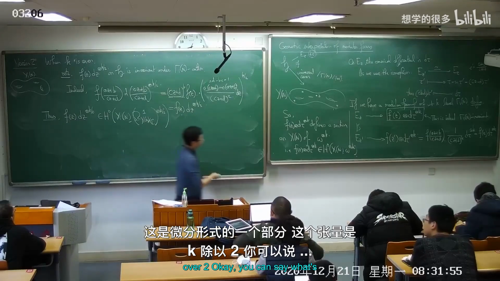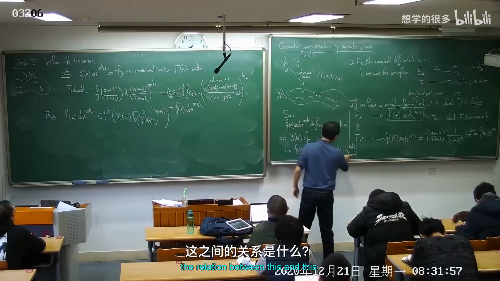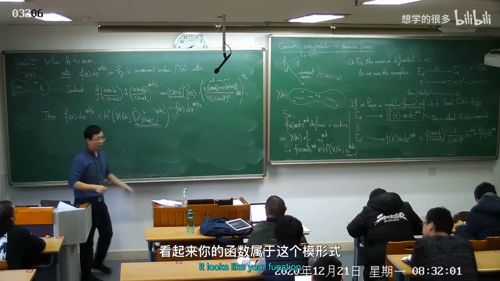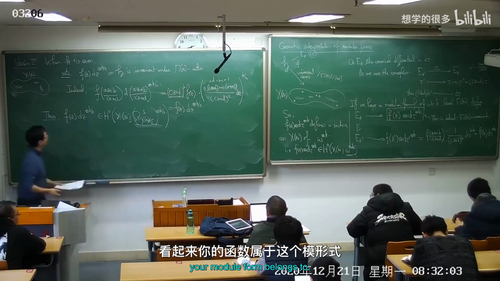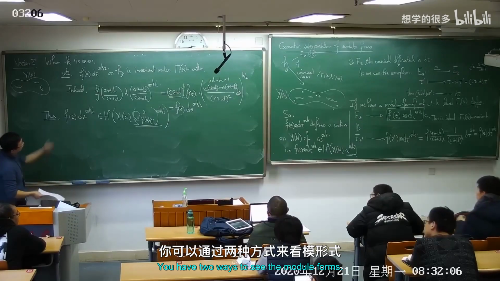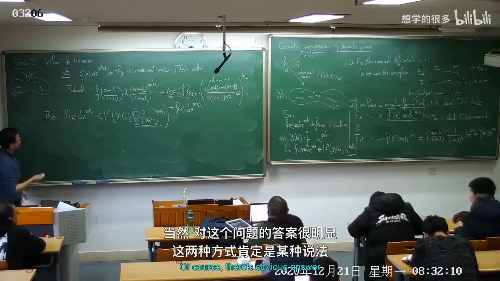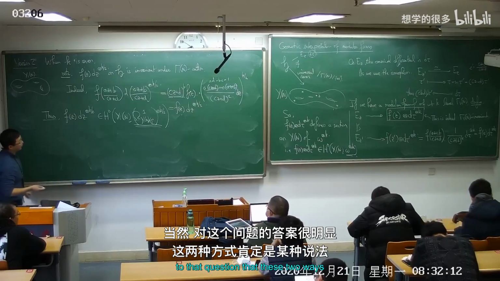You can ask what's the relation between this and this. You have two ways to see modular forms. Of course, there's an obvious answer to that question, and these two ways must be somehow the same.